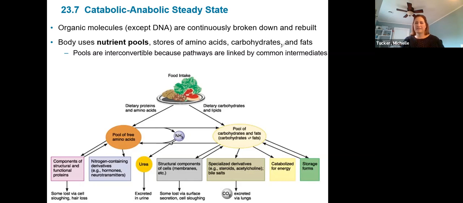And where are these common intermediates located? There's one place that links everything. What is the name of that place?